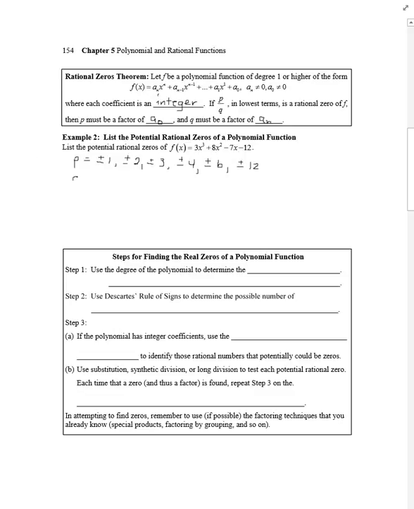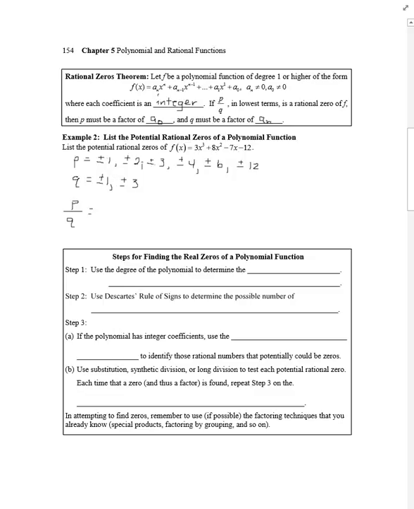Our q's are all the factors of the coefficient of the leading term. So that's 3. So we have plus and minus 1 and plus and minus 3. Now we have to combine all those into p divided by q. So we're going to take all the p's and divide them by q's. If anything repeats, we don't have to write it again.